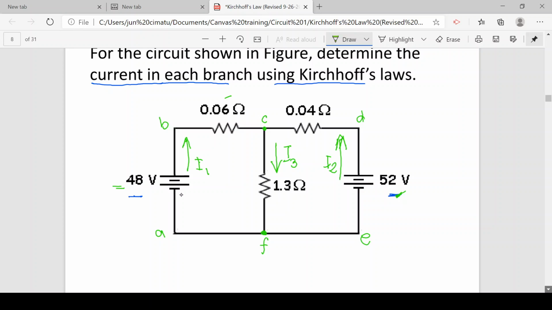For the batteries, the polarity is already identified, and we know that the longer plate is positive and the shorter plate is negative.